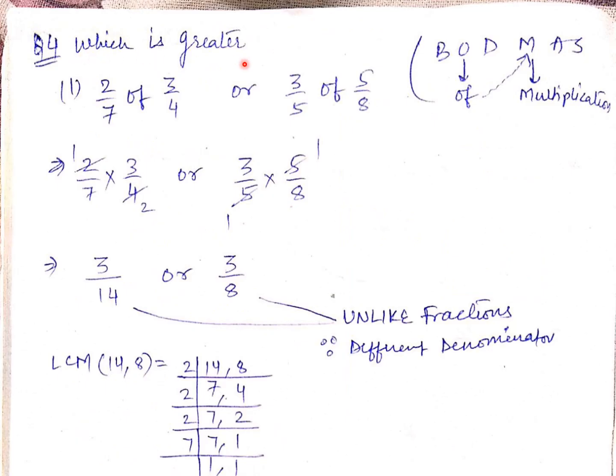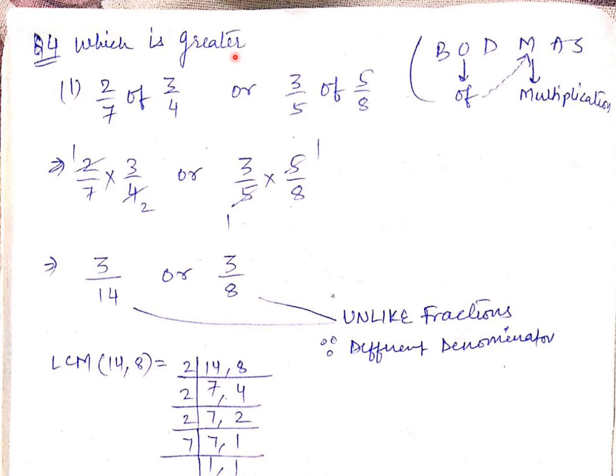Okay. Question number 4. Although we have done questions like this in which we have compared fractions, I think in exercise 2.1 we have done. Before comparison, I have told you in the three operations, that is addition, subtraction and comparison of fractions, the first thing we need to keep in mind is both the fractions should be like fractions, because it is very difficult to compare unlike fractions.